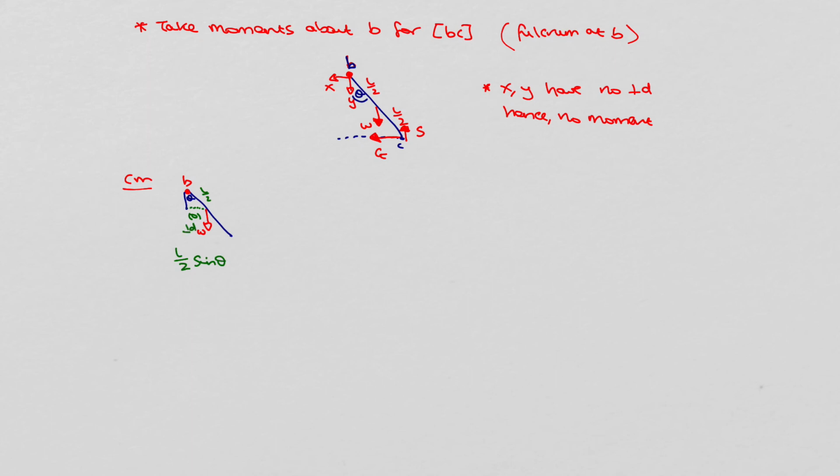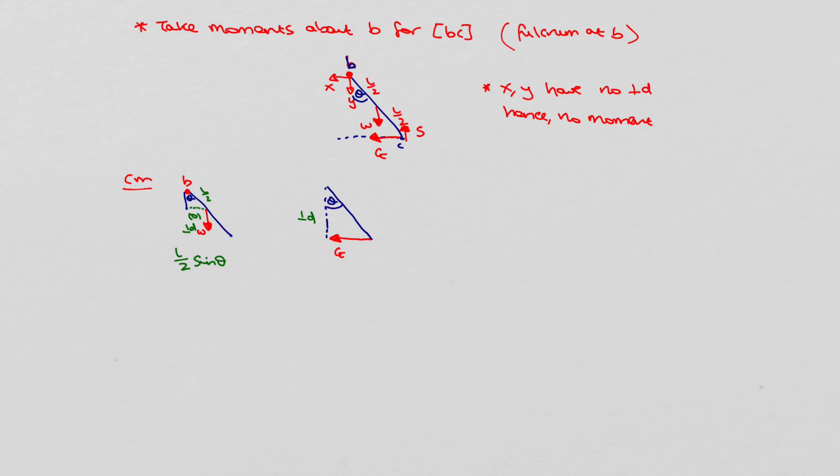If I look at C, I have the force G is also going to be a clockwise moment. So again, we have theta is our angle, and therefore the perpendicular distance will be here.